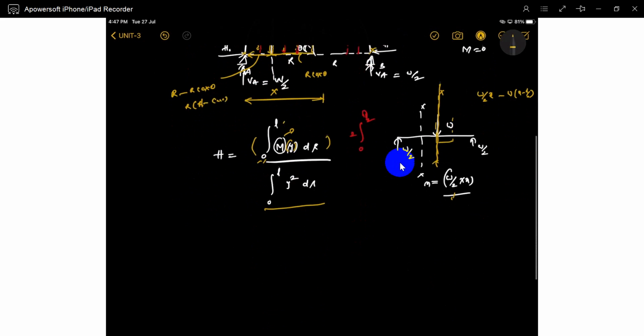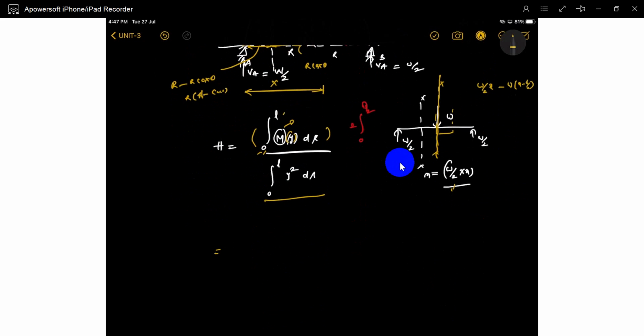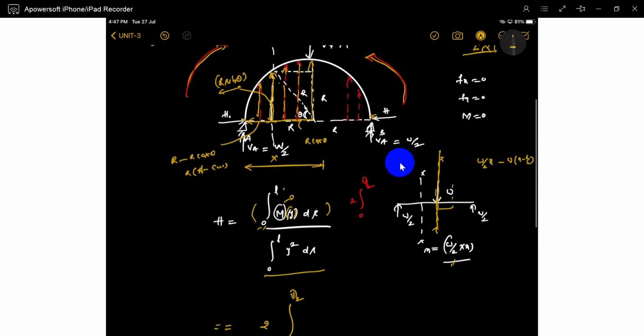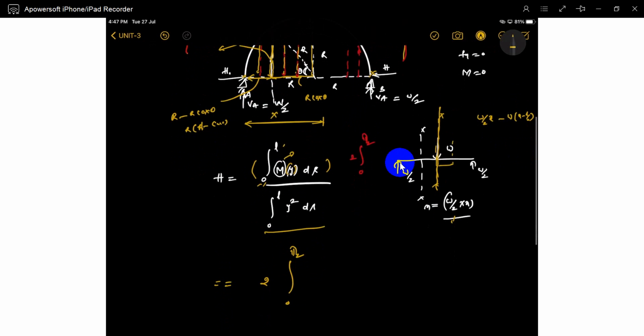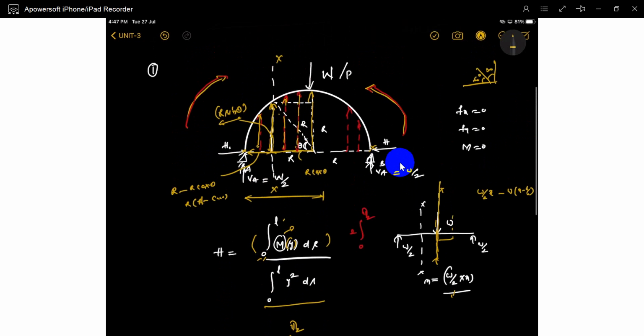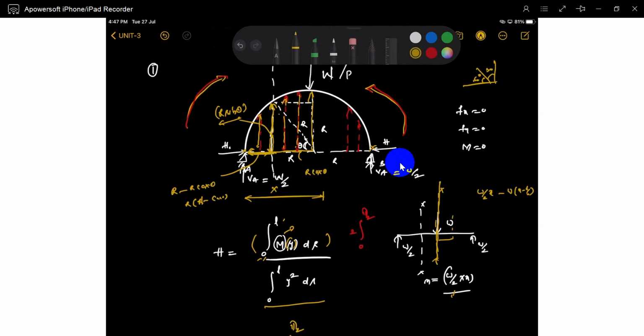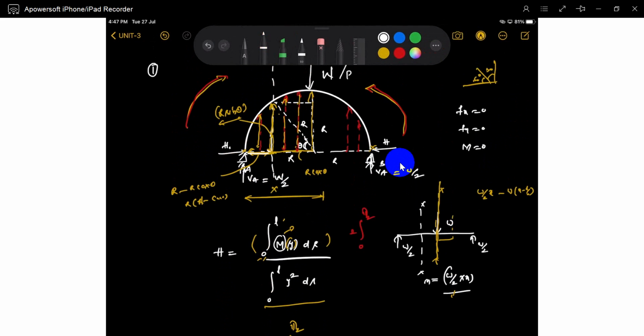See, now exactly half is 2 into 0 to pi by 2, so up to pi by 2 we will take. What is M? M is exactly w by 2 into x. X means this. This is the x. I will write it in the y direction. So what is x?